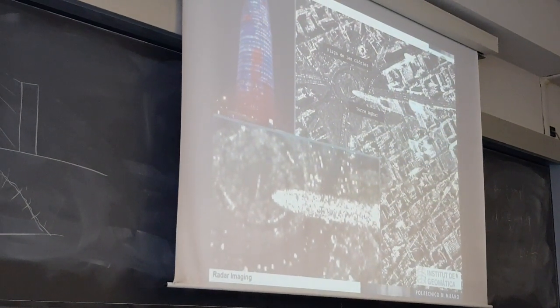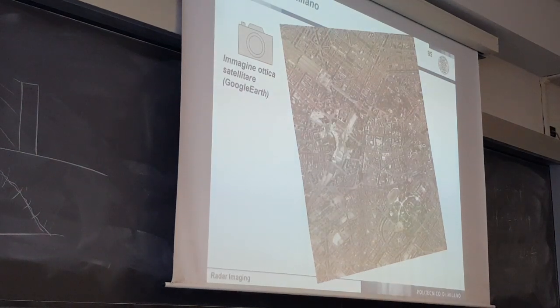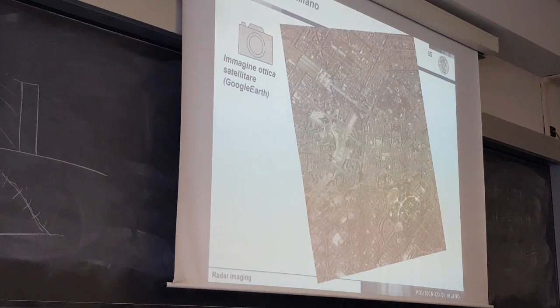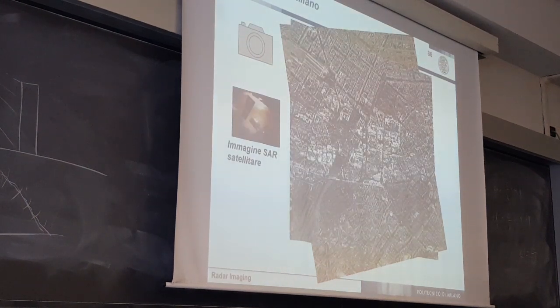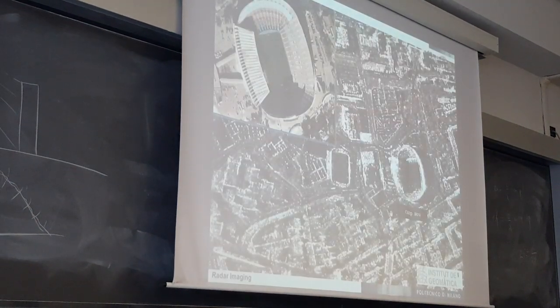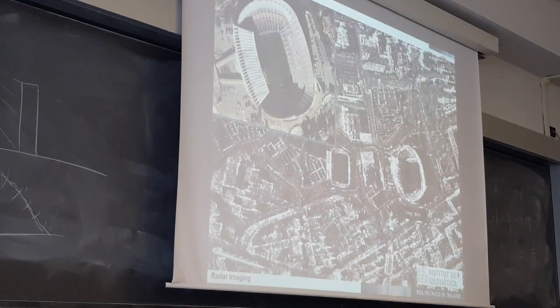I think I have other nice images. Okay, so this is in Milan. This is a Google image, and this is an X-band image by COSMO-SkyMed. Again, it's much better on my screen, not so good here. And this is a stadium.